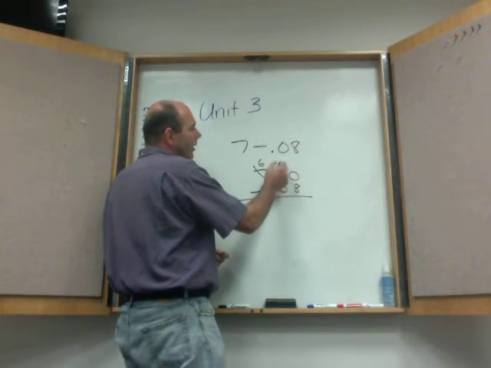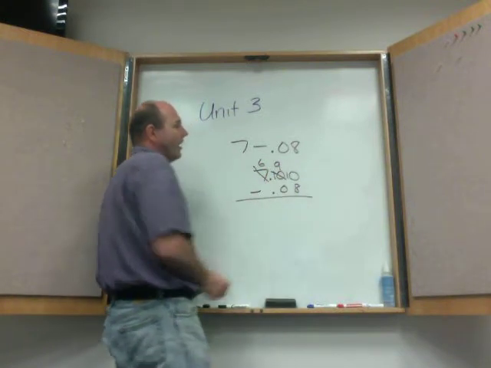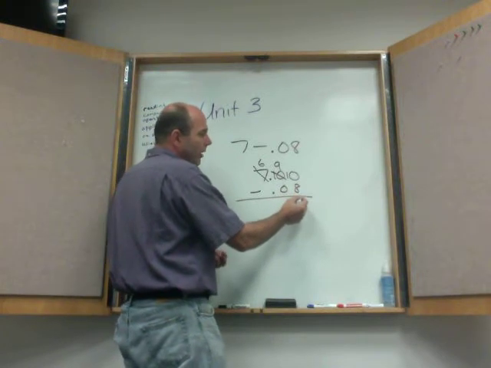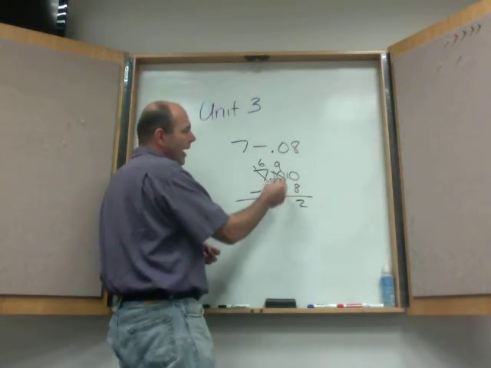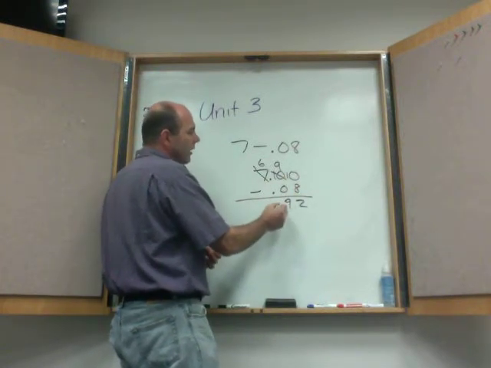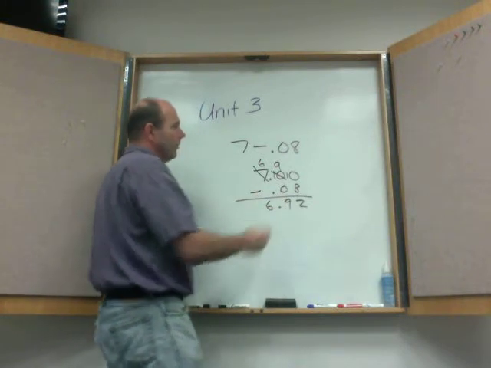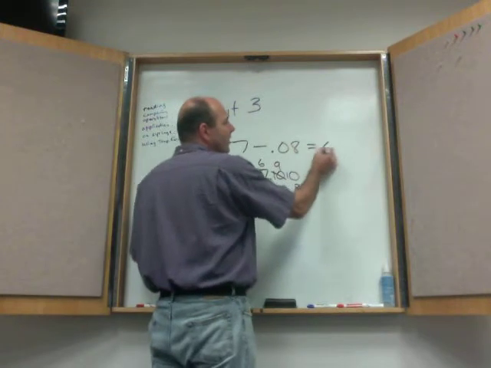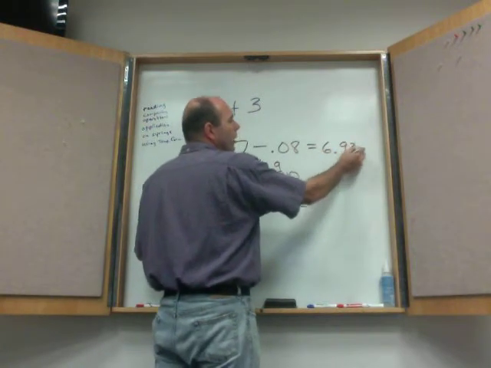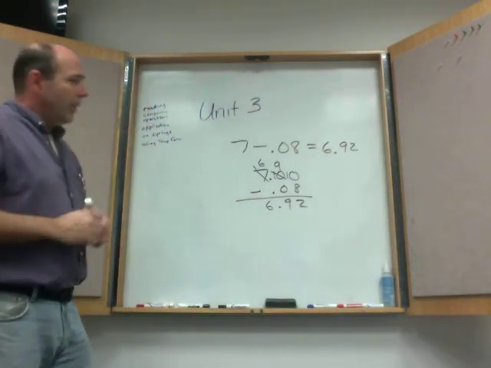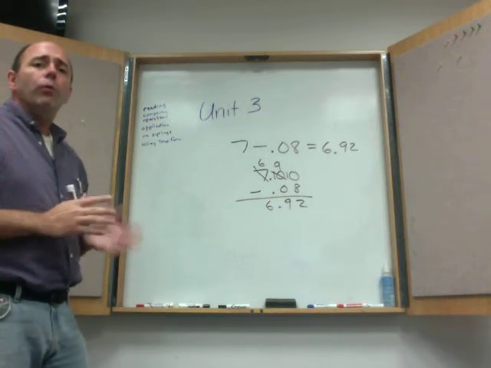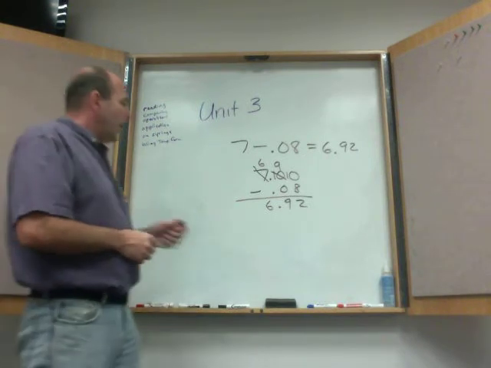Now I'm going to make that into a 9, so I can make this a 10. Now I can start to work. 10 minus 8 is 2. 9 minus 0 is just 9. And my 6 can come straight down. So this here would equal 6 and 92/100ths. That was a little more complex, so feel free at any time to stop the video, rewind, whatever you need to do.